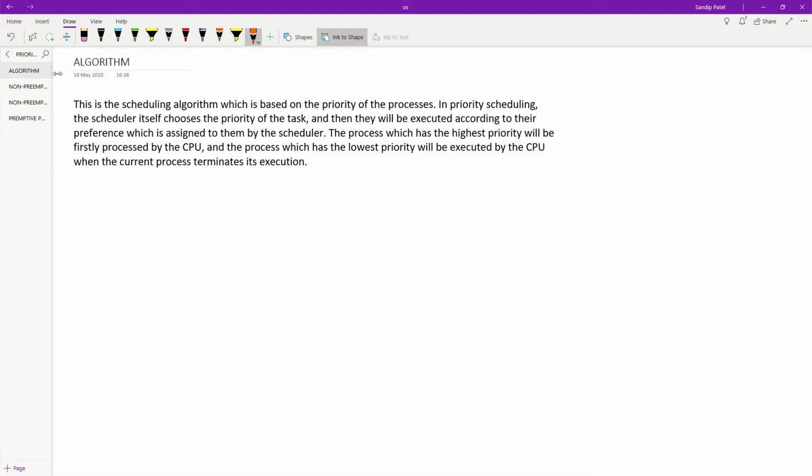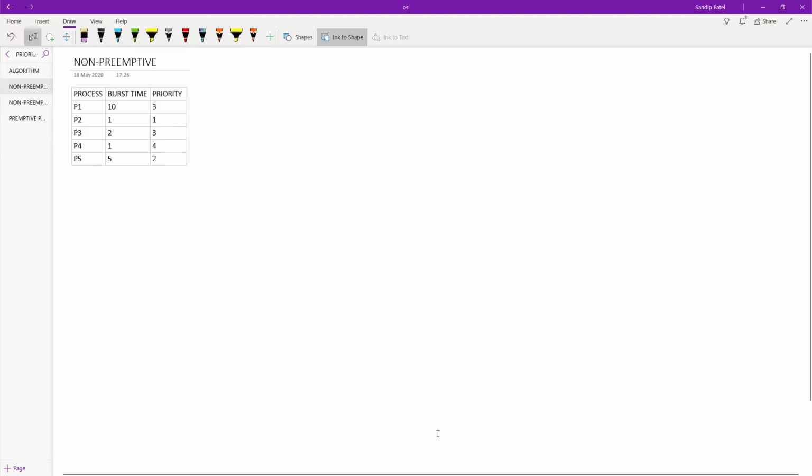Now again, this scheduling algorithm is divided into two categories: the non-preemptive priority algorithm and the preemptive priority algorithm. Both algorithms we will see with an example. Just remember, the scheduler will select the process based on the priority assigned to each process.